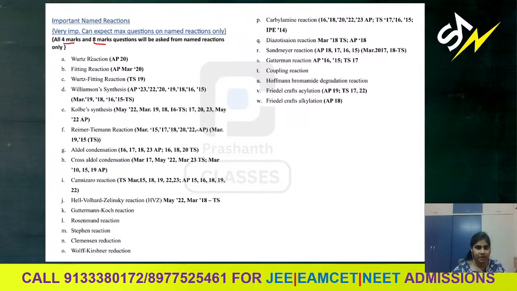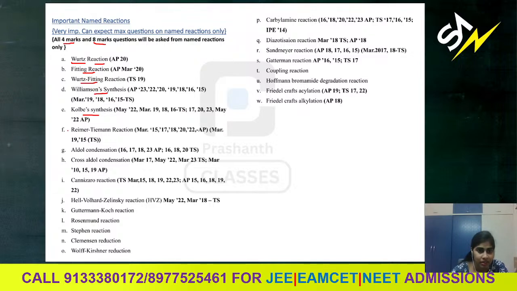We have a few named reactions like Wurtz reaction. This is a very important general reaction. Next, Fittig reaction from haloalkanes and arenes, Wurtz-Fittig reaction. We have Williamson synthesis, and we have Kolbe electrolysis. These are also important, repetitive questions. You can observe the number of years here for Williamson synthesis and Kolbe electrolysis.